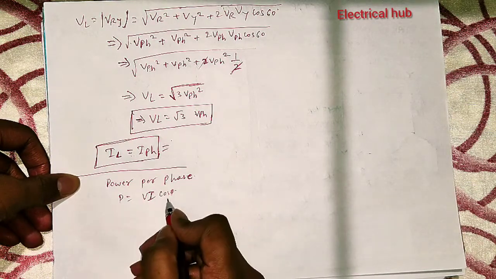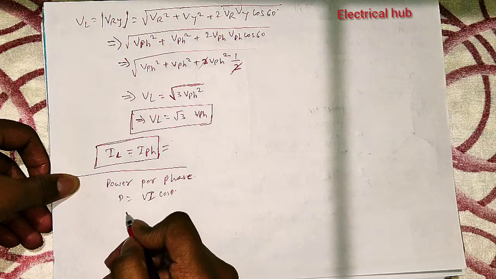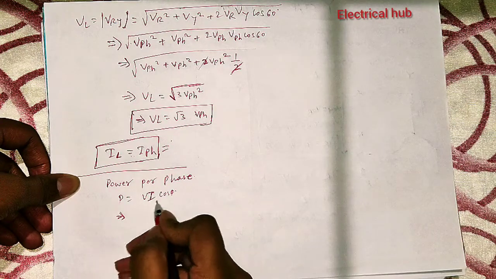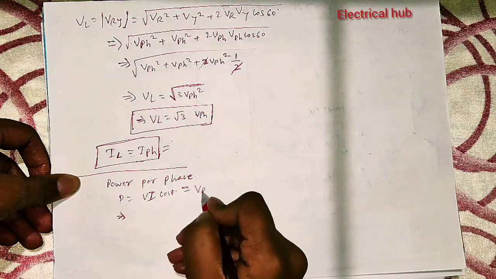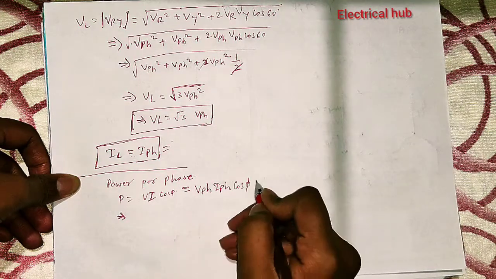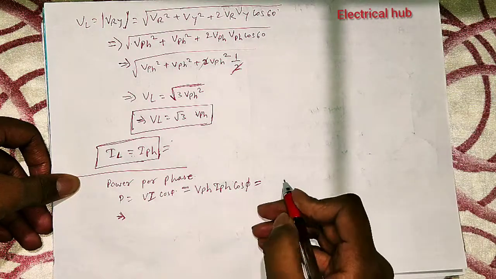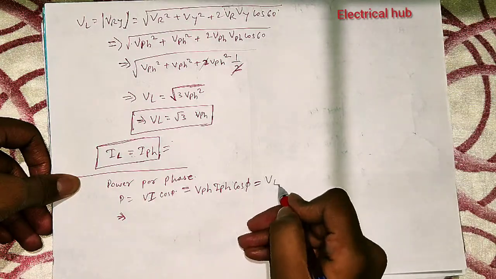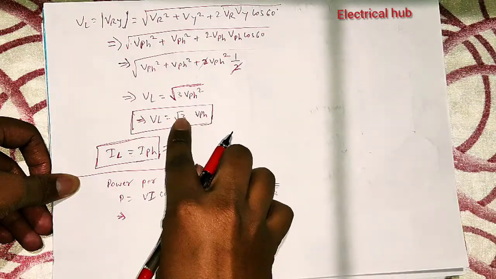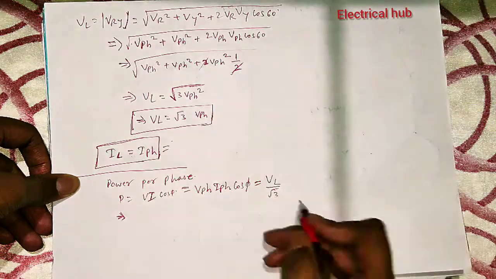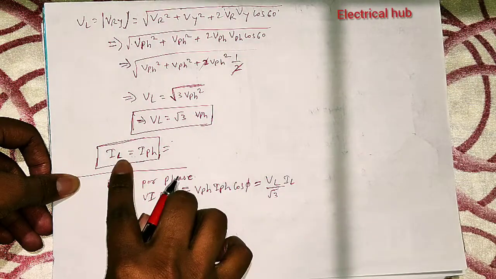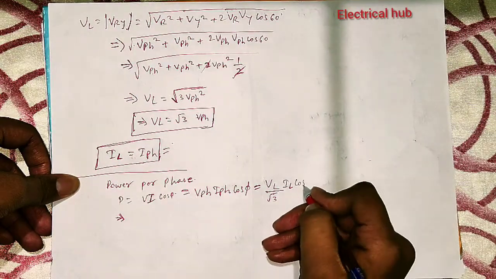So power is equal to VPH IPH cos phi, and if we write it in terms of line voltage, then from this equation, if we find VPH, this root 3 will go downside, VL by root 3 equal to VPH, and IPH will become IL, since IL equal to IPH, and then cos phi.